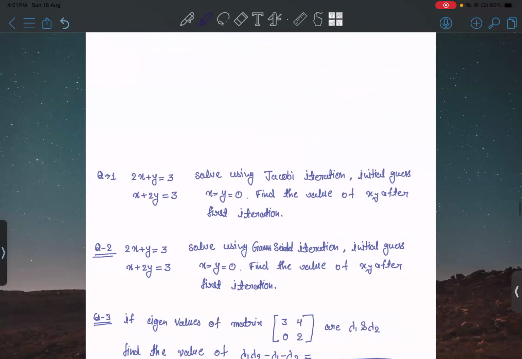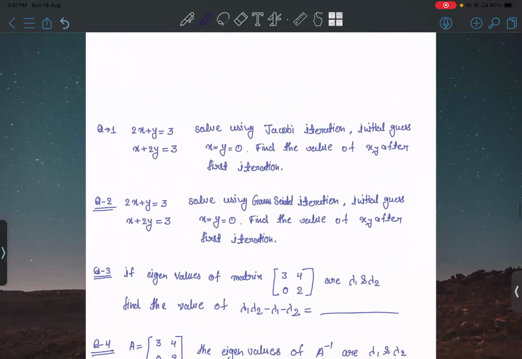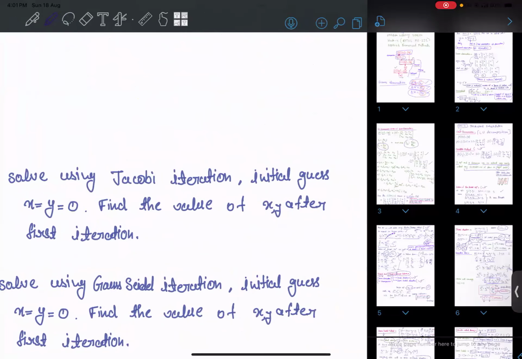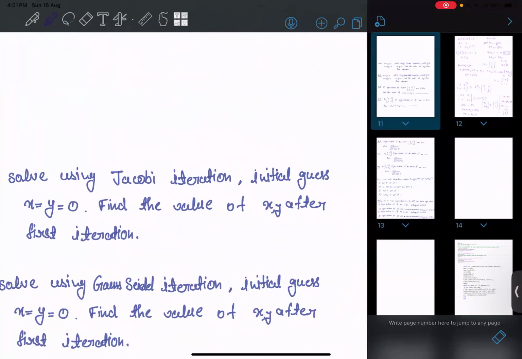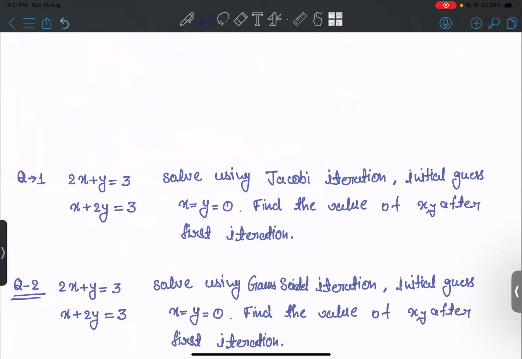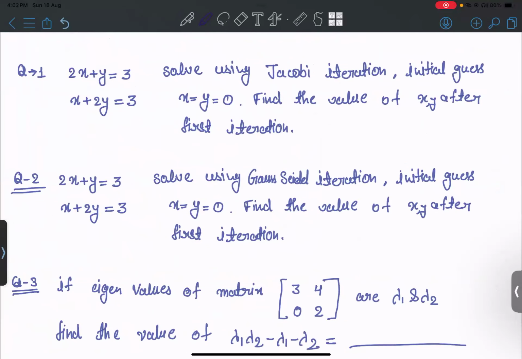Okay, so we'll solve the first problem. Let me add one page. So this is my first problem, please solve it. The problem is 2x plus y equal to 3 and x plus 2y equal to 3.